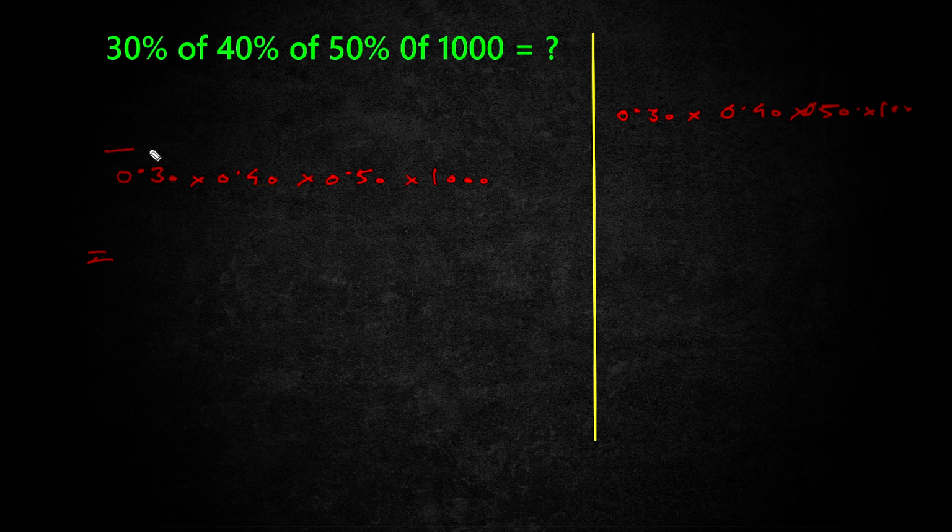Now if we proceed from left to right, 0.30 times 0.40 times 0.50. Even if you use a calculator, it's a lot of work. 3 times 4 is 12.